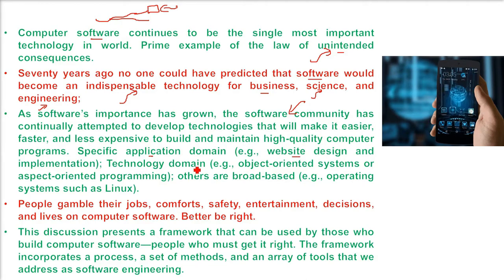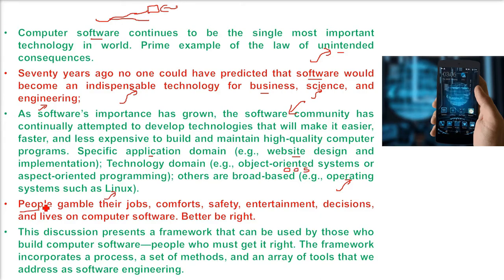It can be made for technology domains like object-oriented systems and aspect-oriented programming. And then there are broad-based ones like operating systems. Take the example of Linux. Previously the operating system was on one floppy, 1.44 MB. Now we have strong operating systems like Linux. This is how the technology has evolved.